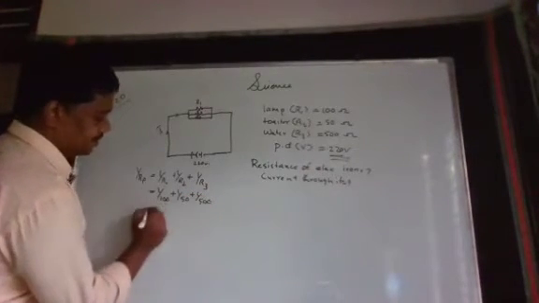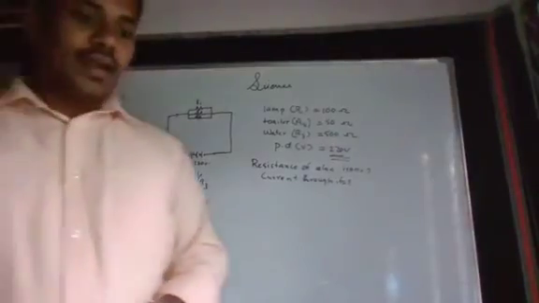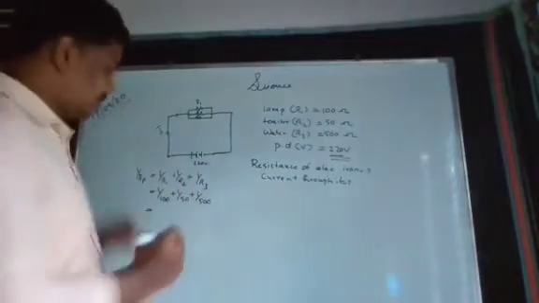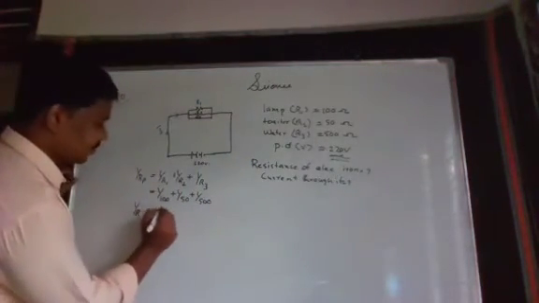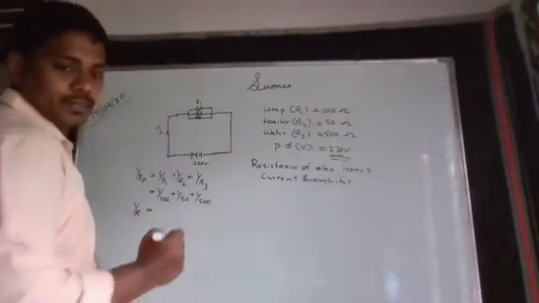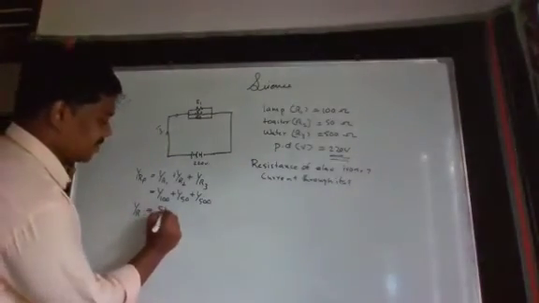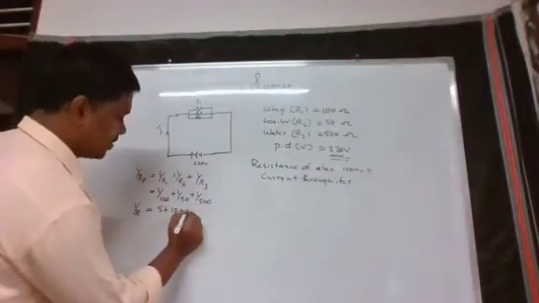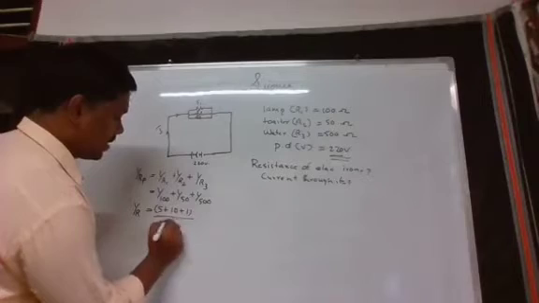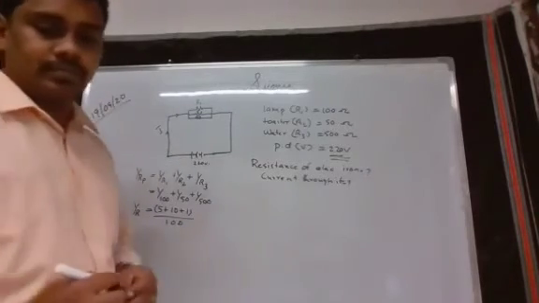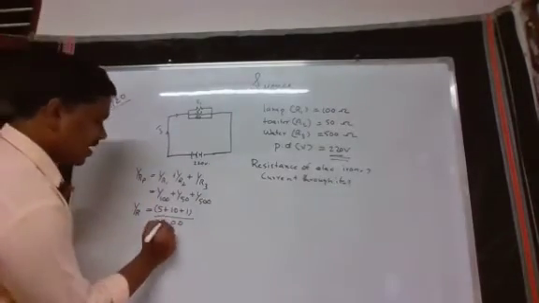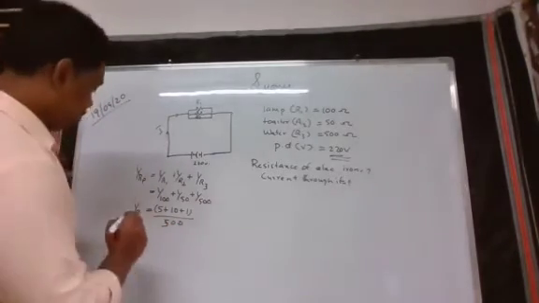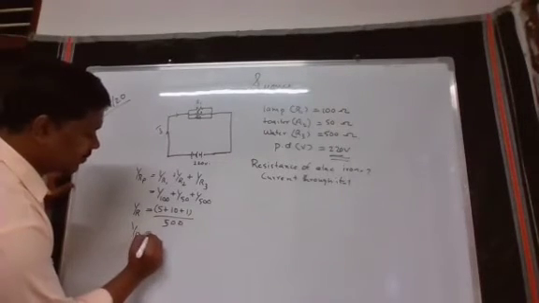So 1 by R is equal to (5 plus 10 plus 1) by 500, that is 16 by 500.